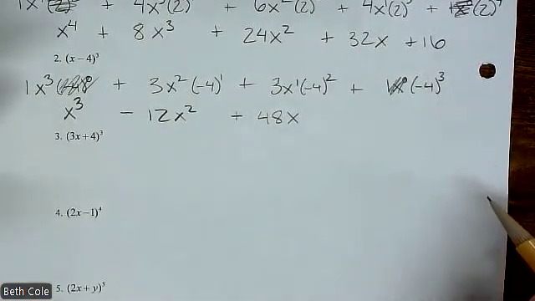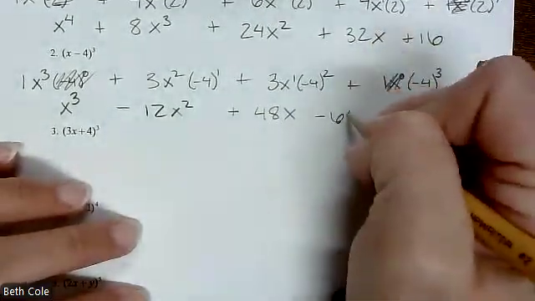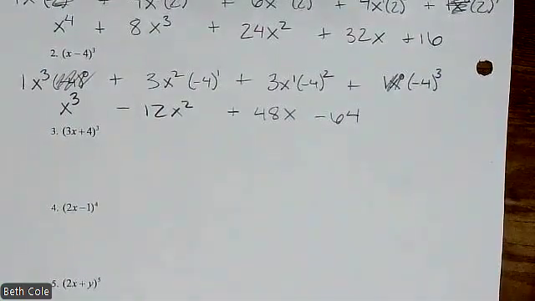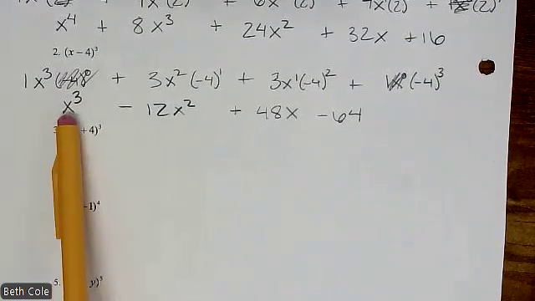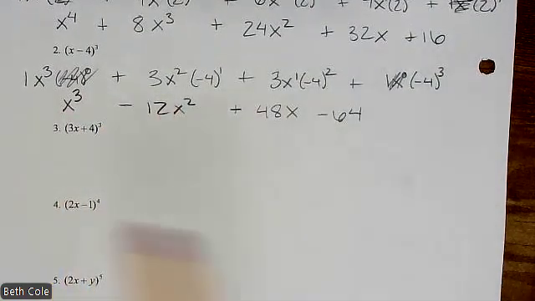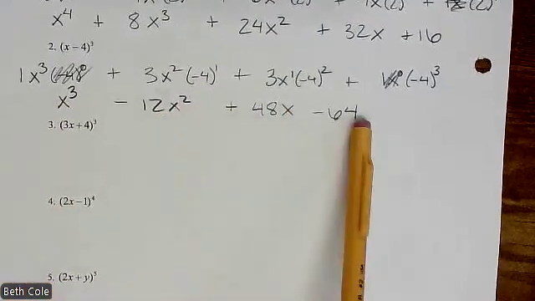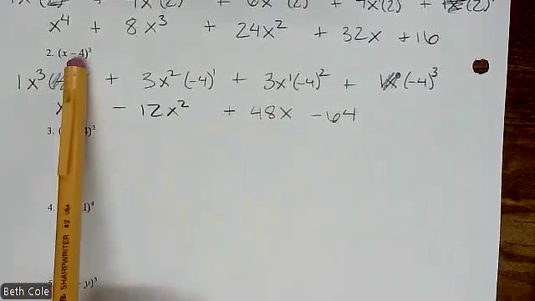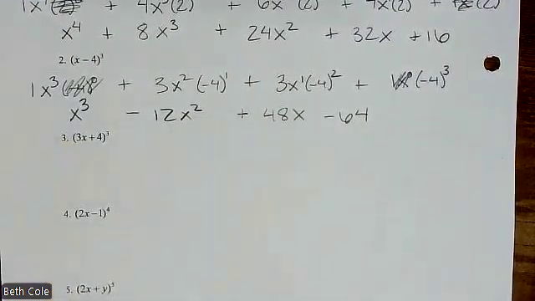Well, do you know 4 cubed? 64. 64, but it will be negative 64. Now, I want you to notice something about that. What's going on with the signs of your terms? Do you see how it's positive, negative, positive, negative? When you have a subtraction, that's what's going to happen. Positive, negative, positive, negative.